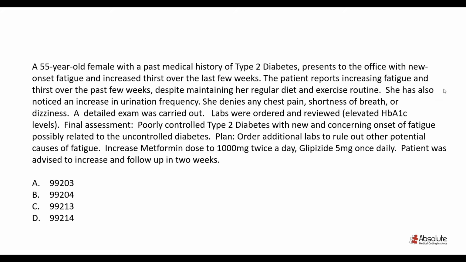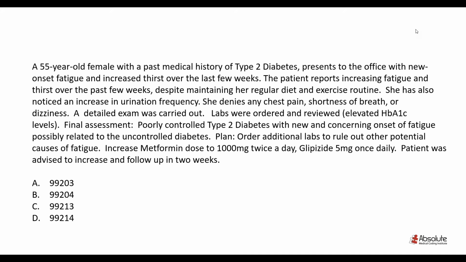Despite maintaining her regular diet and exercise routine, she has also noticed an increase in urination frequency. She denies any chest pain, shortness of breath, or dizziness. A detailed exam was carried out. Labs were ordered and reviewed.